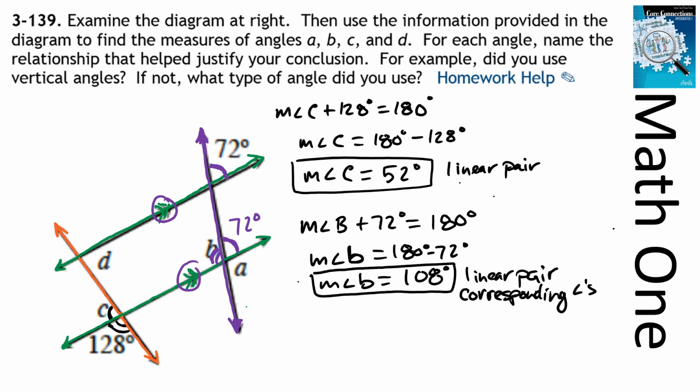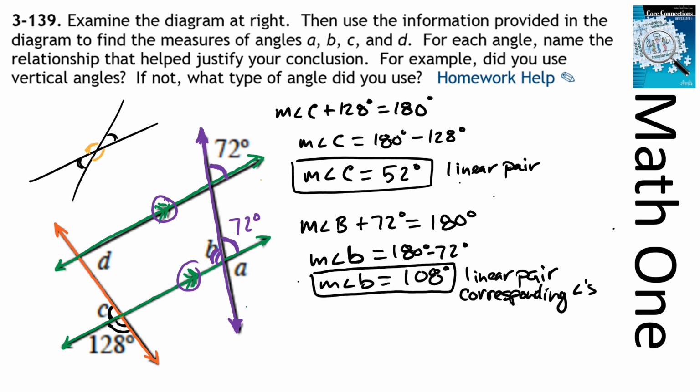Now the next one I think is just easy. Angles A and B have to be congruent to each other because they're vertical angles. Basically, anytime we have a pair of lines that intersect, the angles that are across from each other, for example this pair that I've marked in black and this pair that I'll mark in yellow, those are vertical angles and they're always going to be the same size.